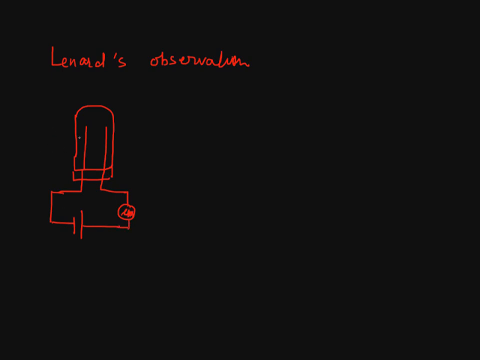One of the electrodes is called the emitter plate, and the other is called the collector plate. What he observed when this emitter plate was made incident with ultraviolet UV light was that there was a deflection in the meter. It was showing some current, which is called the photocurrent.